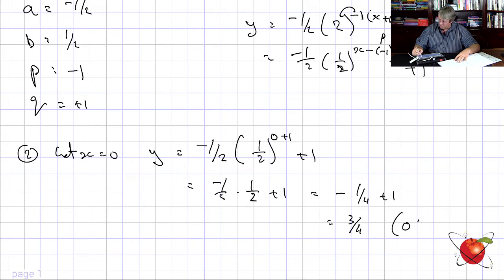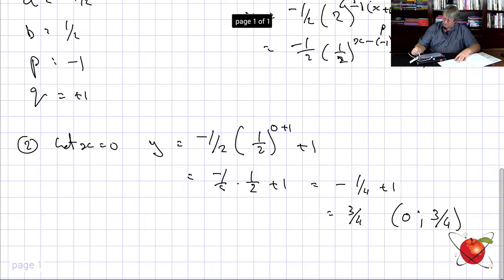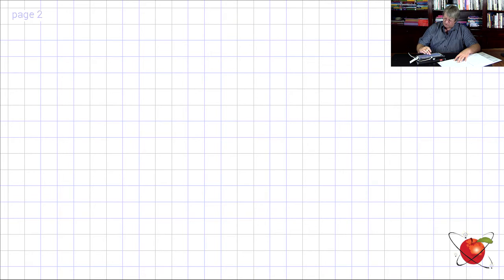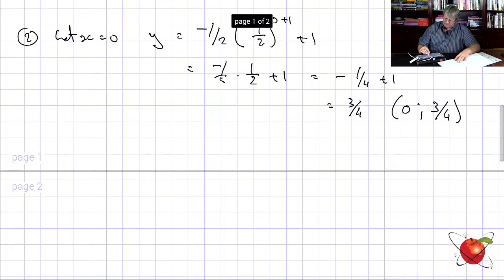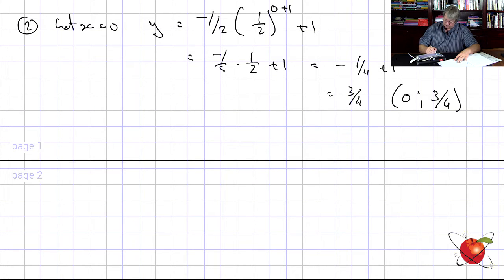Therefore, 0 and 3 over 4. That's my first point on the graph. The next point on the graph that I'm going to find is I'm going to say let y equal 0, aren't I?